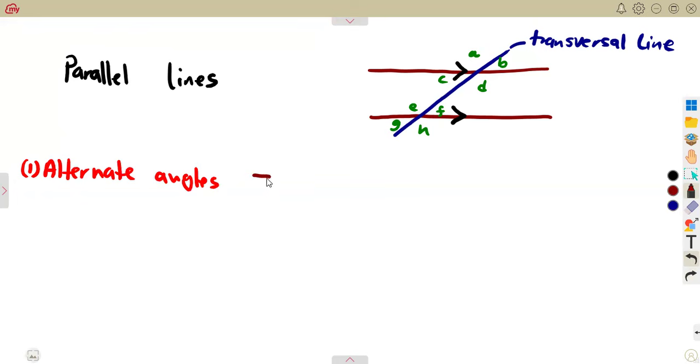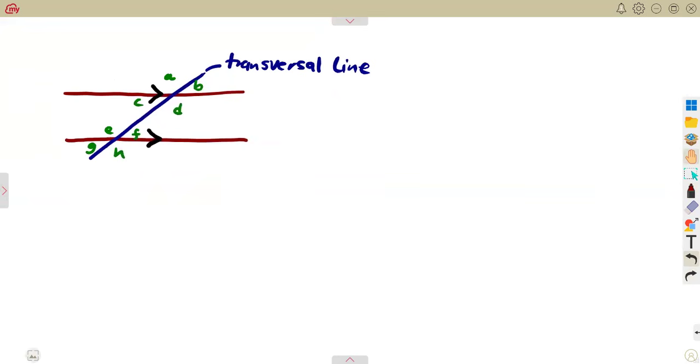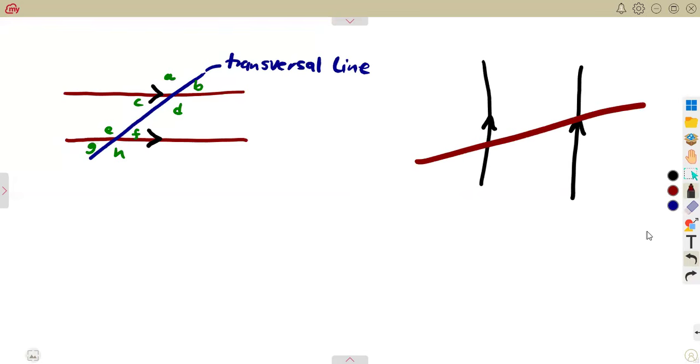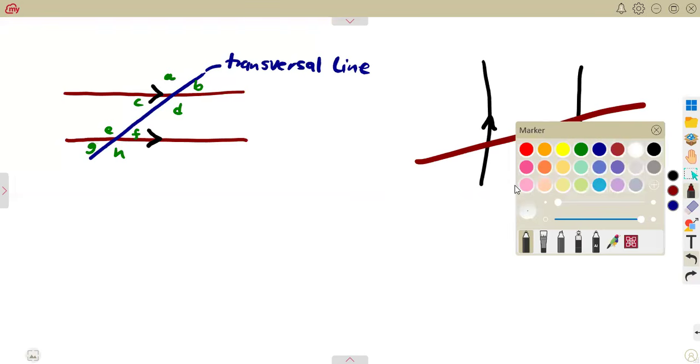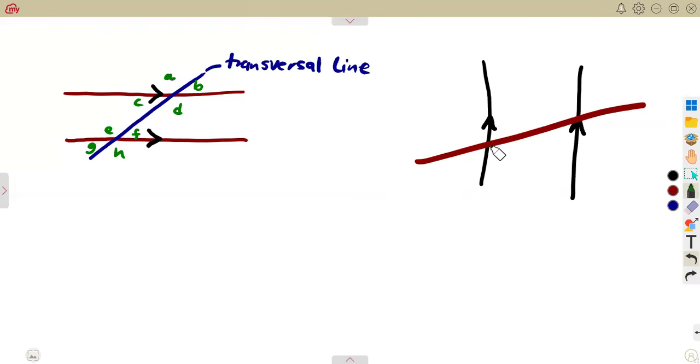The ones which create a Z like this. Sometimes we are given these parallel lines this way. So they are not necessarily going to create only a Z, but they can create an N. If your parallel lines are like this, we need the concept of our alternate angles.